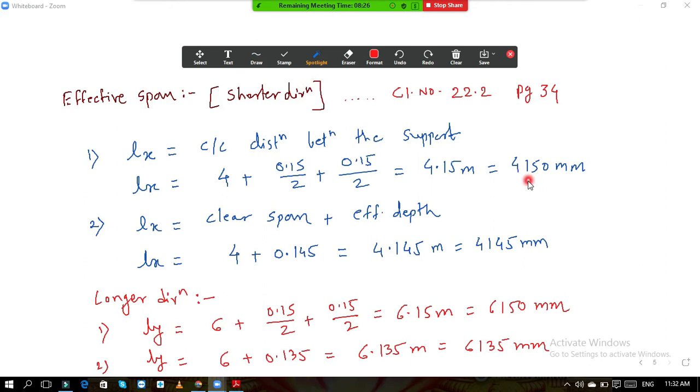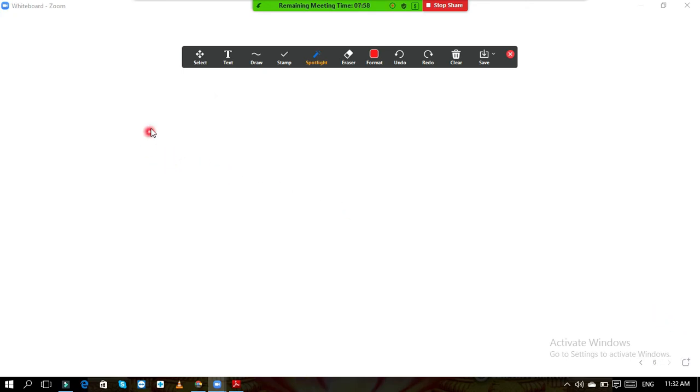And if you talk about x direction, then it is 4150 and 4145. The lesser of these two is 4145 mm. So 4.145 meter is the span in x direction and 6.135 meter is the effective span in y direction. Our x direction is our shorter direction, y direction is our longer direction. So here I will write effective spans.